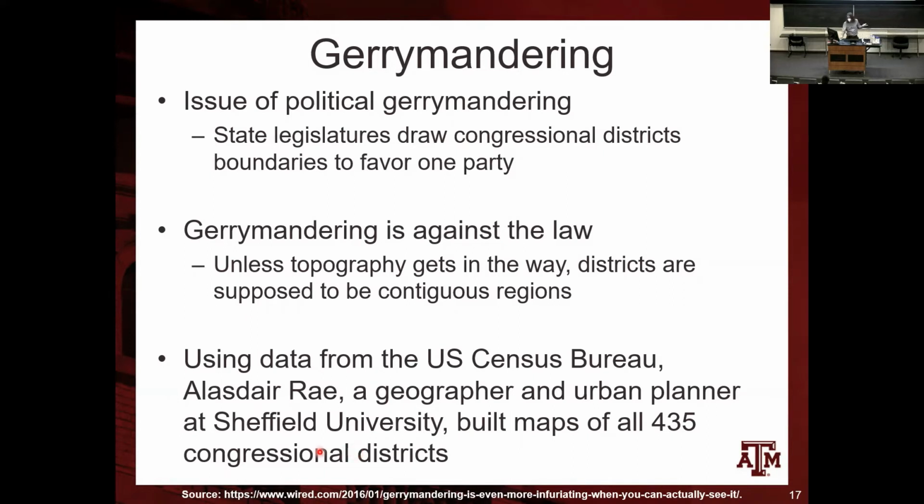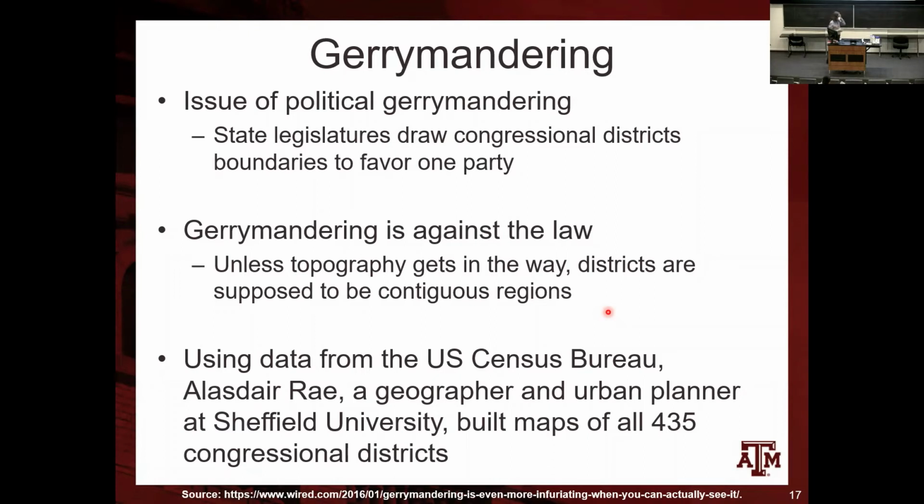Gerrymandering is against the law. Unless topography gets in the way, the districts are supposed to be contiguous, right? They're not supposed to have all different shapes trying to group specific groups of people together in order to elect more or fewer candidates of one party or the other.